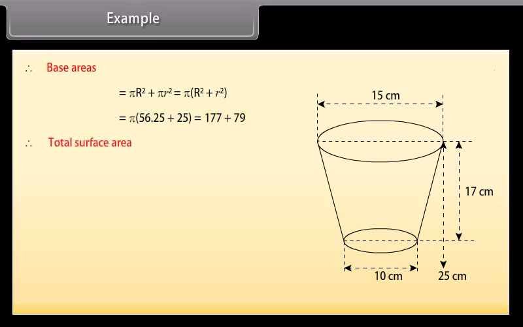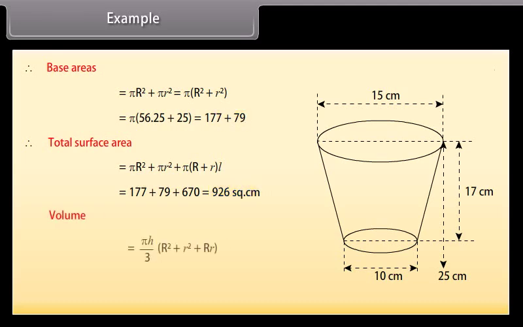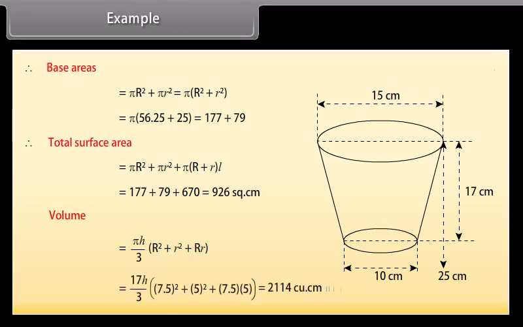Therefore, total surface area is equal to 926 square centimeter. Now we know that the volume of the frustum of the cone is, substituting the values, 2114 cubic centimeter.